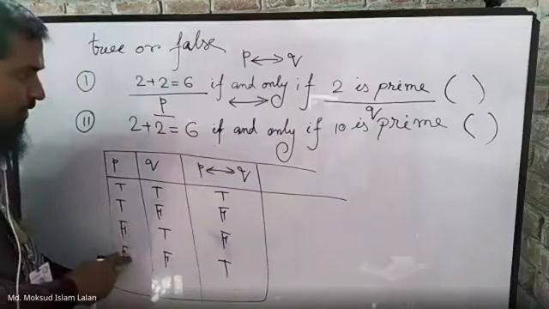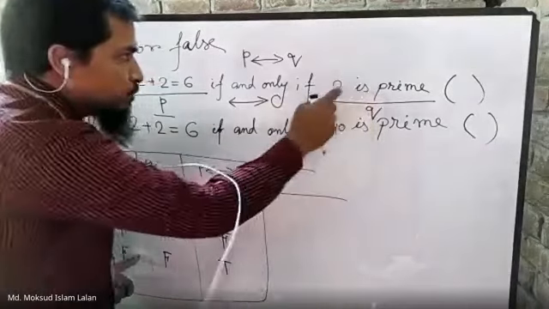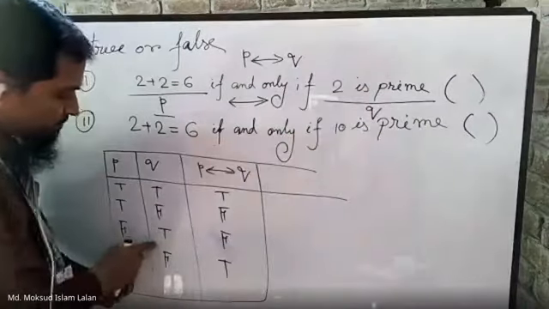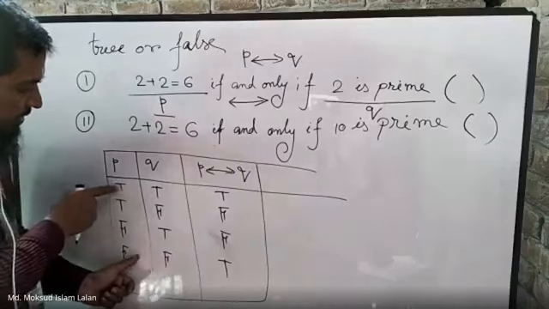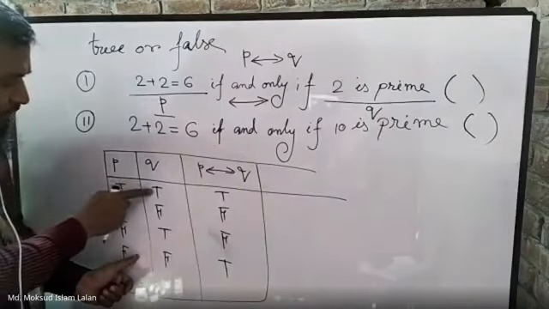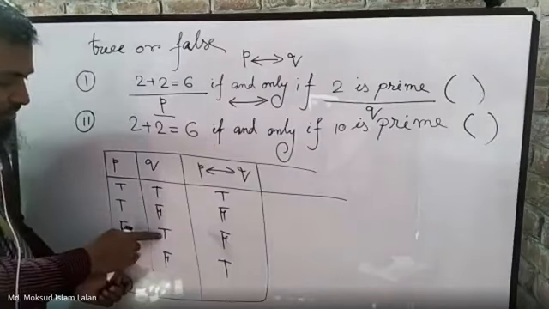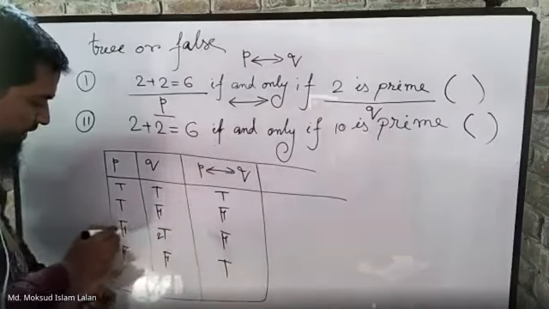But when you read this, 2 is a prime number, so you can match with the third one. Since P does not satisfy this one, we cannot consider this T. So you can consider this T, right? So if you consider this is Q, truth value, and this is P, right?